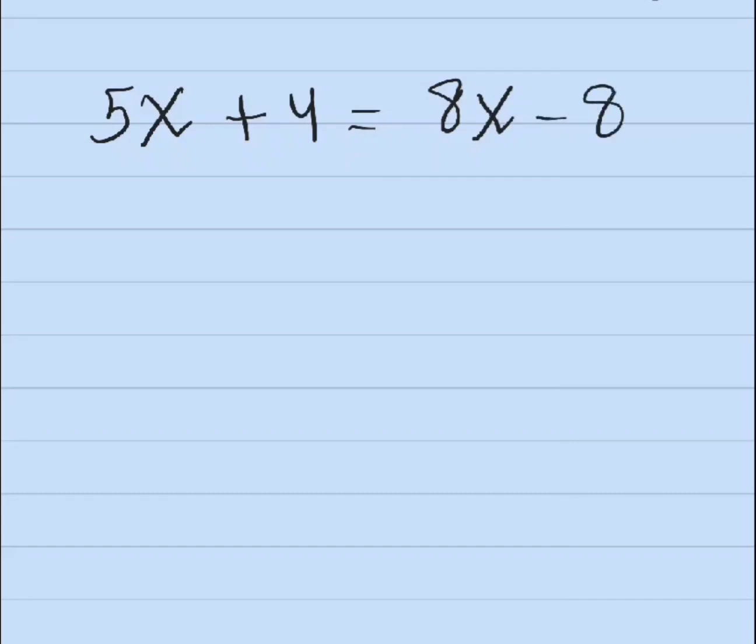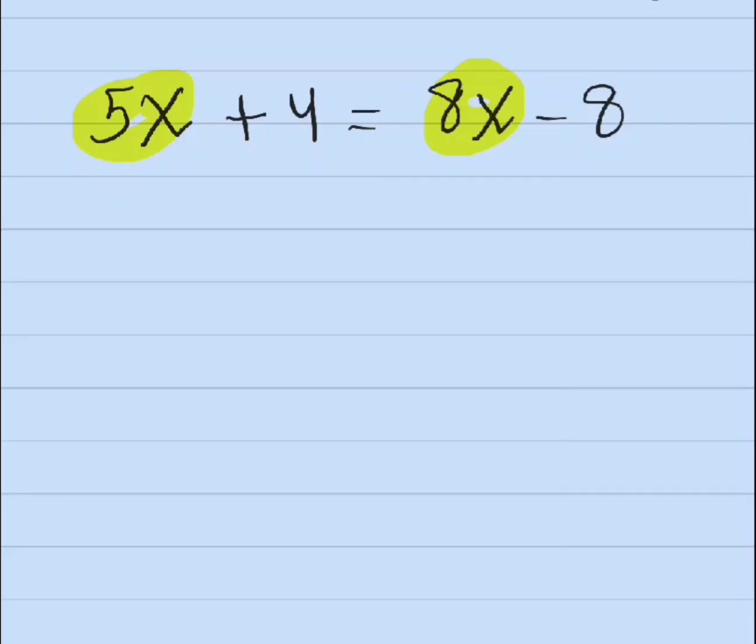Now sometimes you may have a variable found on both sides of the equation. So what do you think we need to do in this problem? In this problem, what you want to do is move all the x variables to one side of the equation and all the numbers to the other side.